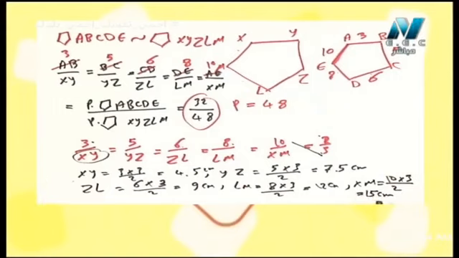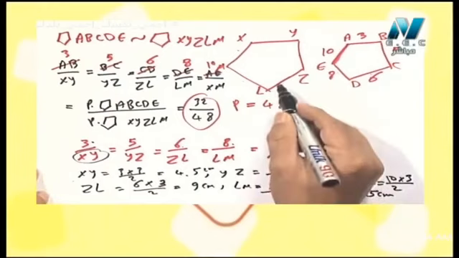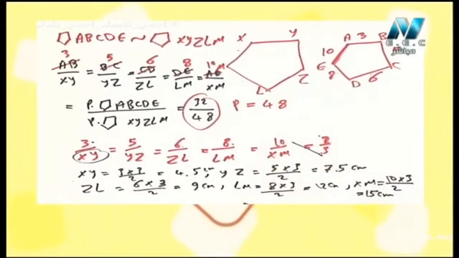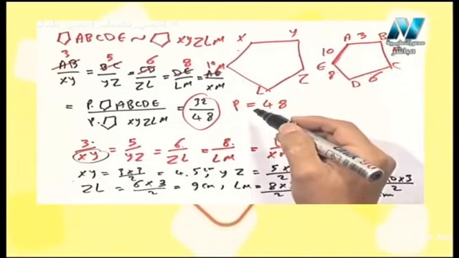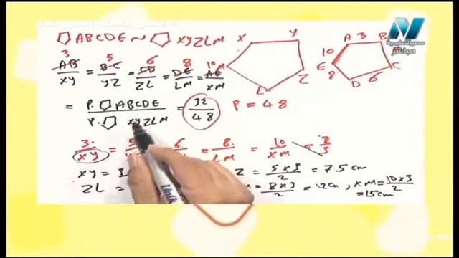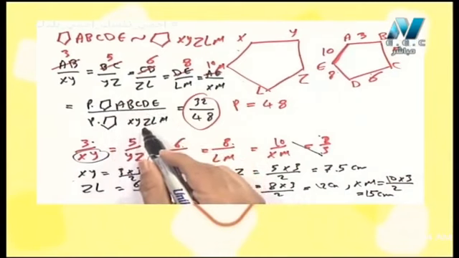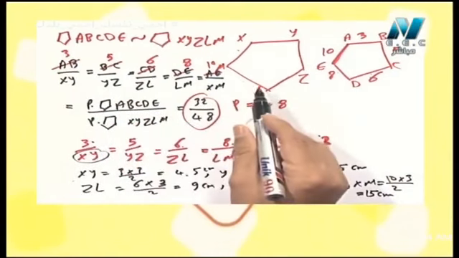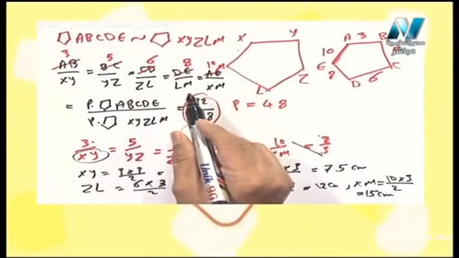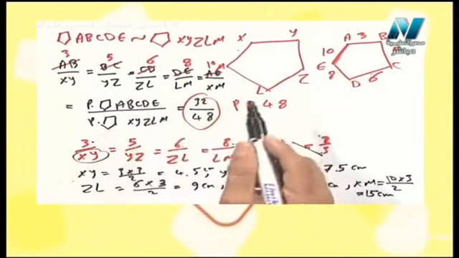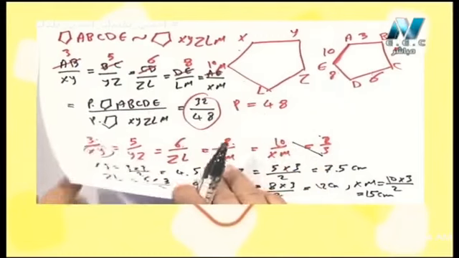So now we have all sides of the second one. Given the sides of the first and the perimeter of the second, we use this ratio, perimeter of first over perimeter of second, which equals one of these ratios, from the properties of ratio that we studied before in third prep. Okay, let's move to another example.